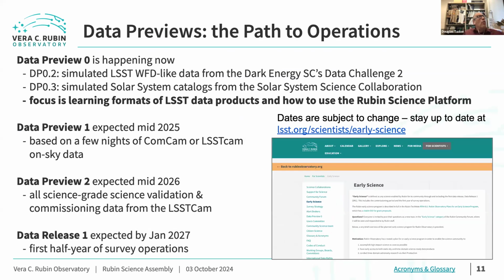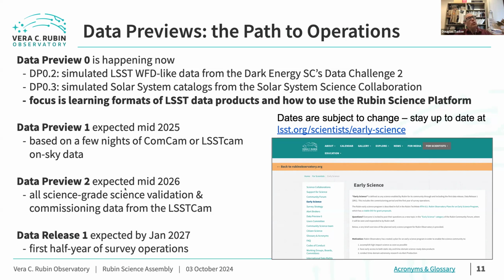In addition to Data Preview 0, just to keep your interest piqued for the future, Data Preview 1 is currently expected in mid-2025, and it will be based on a few nights of commissioning camera or the main LSST camera on-sky data. So real data.